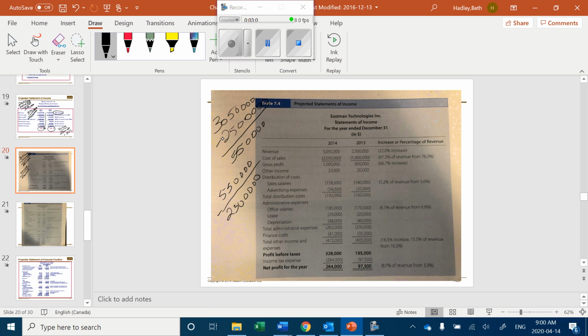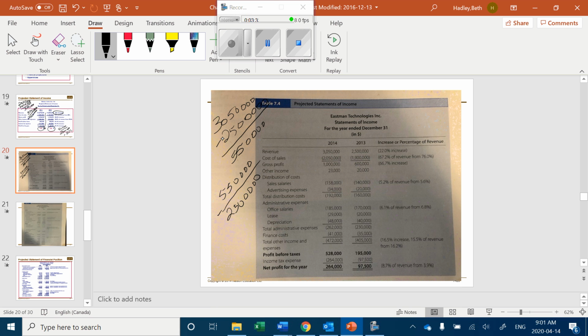Vertical analysis like we've been doing. And then this year, our 2,050,000 divided by 3,050,000. So our vertical analysis for this year is 67%. It's gone down compared to sales.